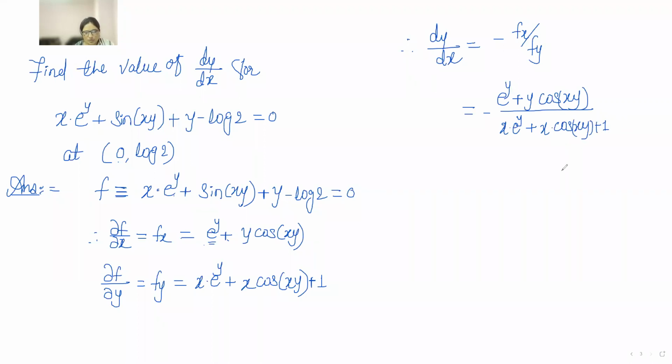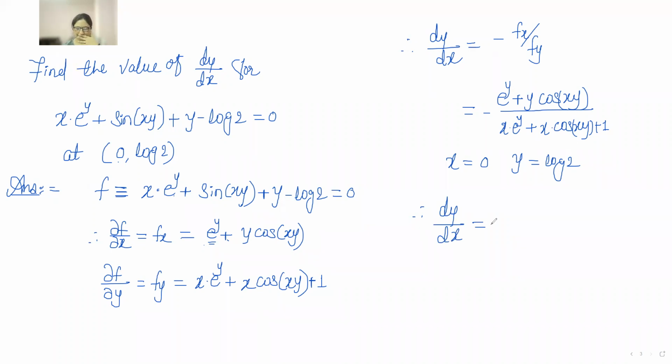For x equal to 0 and y equal to log 2, put x equal to 0 and y equal to log 2. Then tell me dy by dx. Put the value of x as 0 and the value of y as log 2.